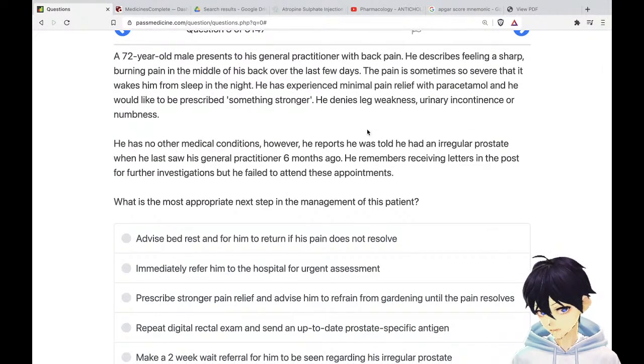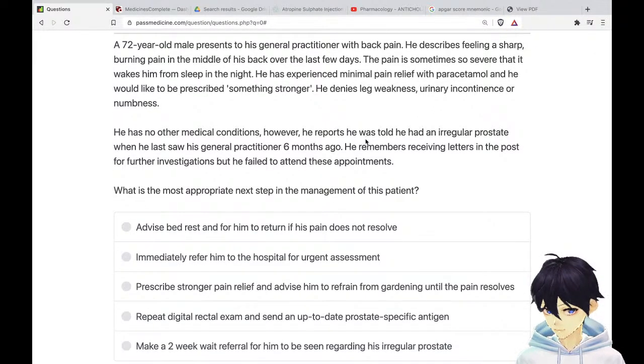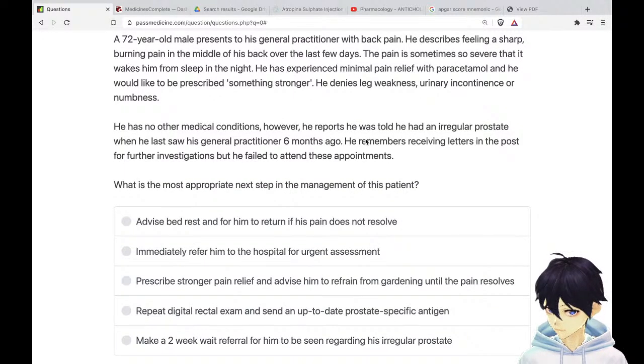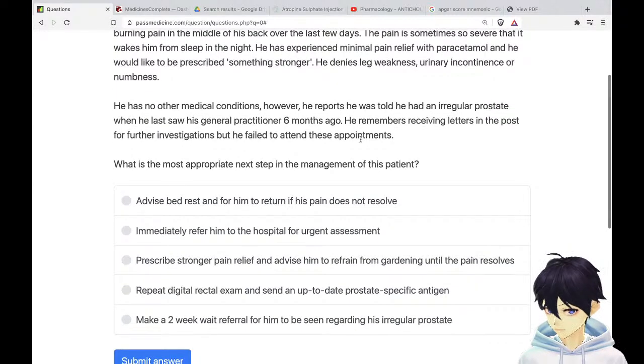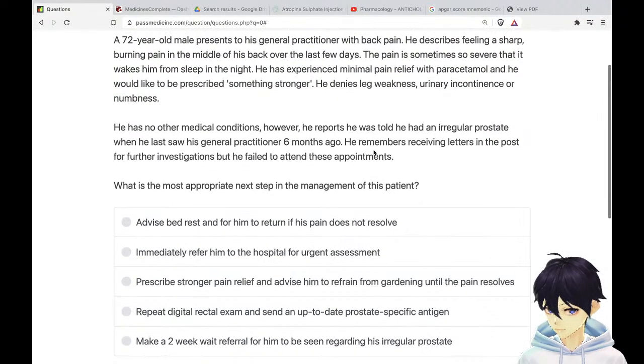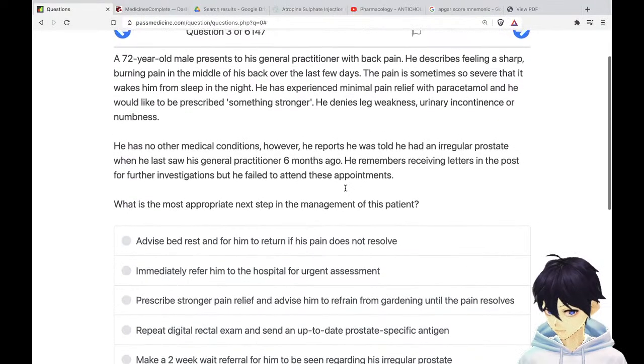He denies leg weakness, urinary incontinence, or numbness. He has no other medical conditions. However, he reports he was told he had an irregular prostate when he last saw his general practitioner 6 months ago. He remembers receiving letters in the post for further investigations, but he failed to attend these appointments. What is the most appropriate next step in the management of this patient?